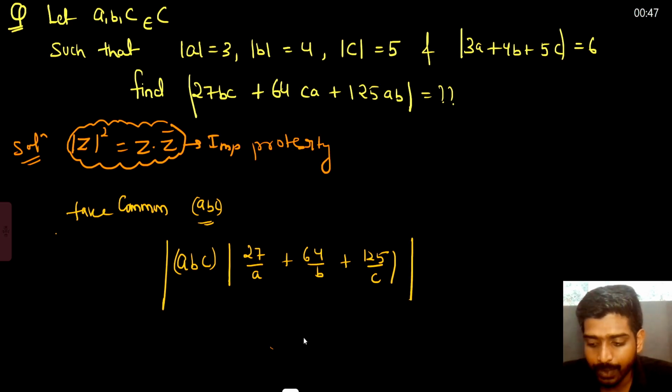Now next we'll solve this modulus. I can distribute over product, so I'll distribute. So here I'll get modulus of A, modulus of B, modulus of C, and here modulus of 27 by A plus 64 by B plus 125 by C.